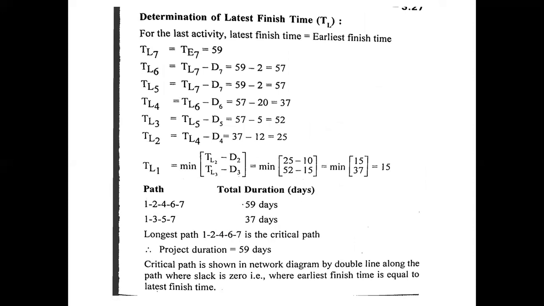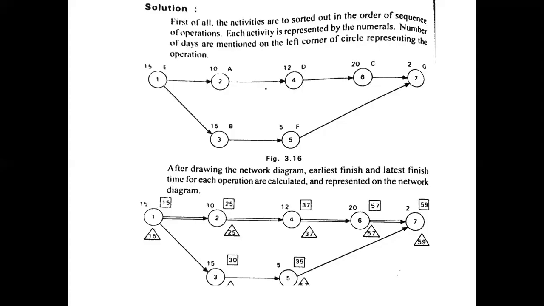See here, this path 1, 2, 4, 6, 7 is drawn with the double-ended arrow mark. Why? Because if you calculate the slack of these activities, 1, 2, 4, 5, 6, 7. What does slack mean?